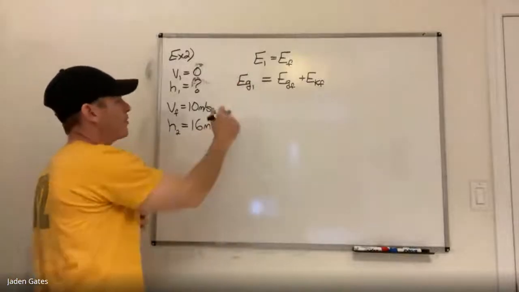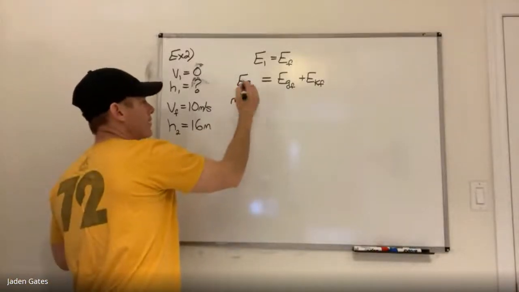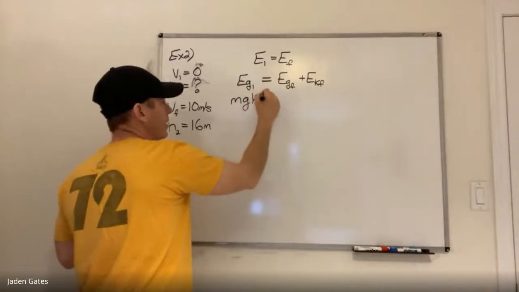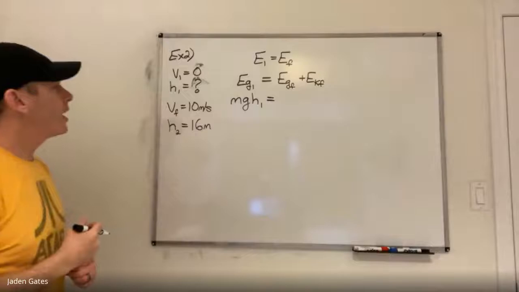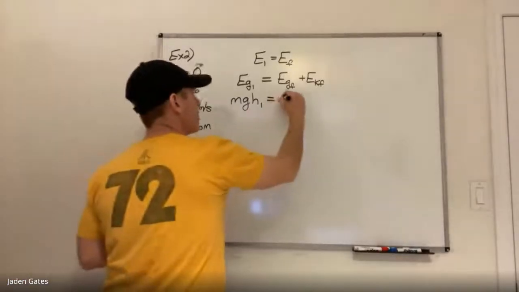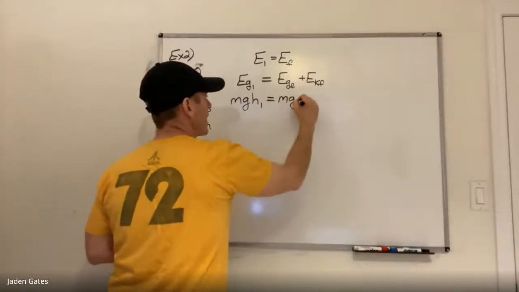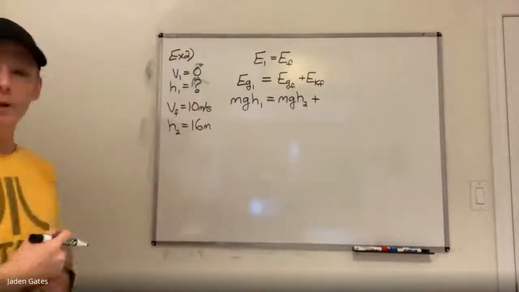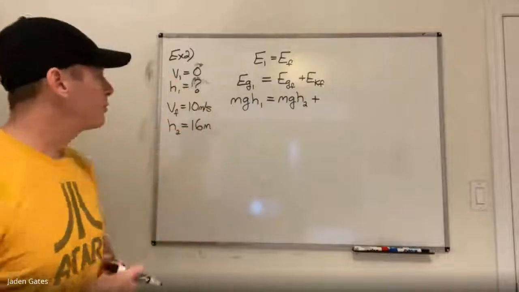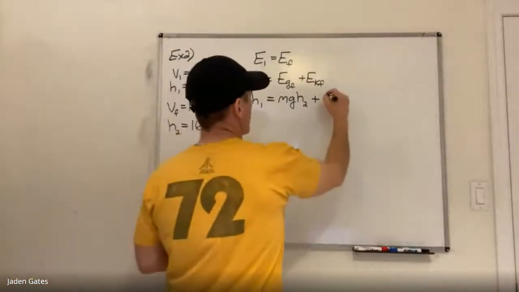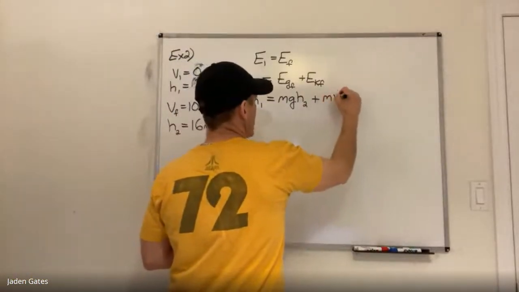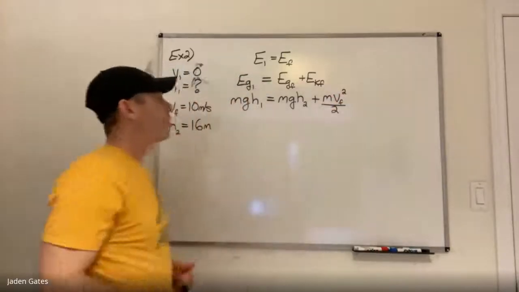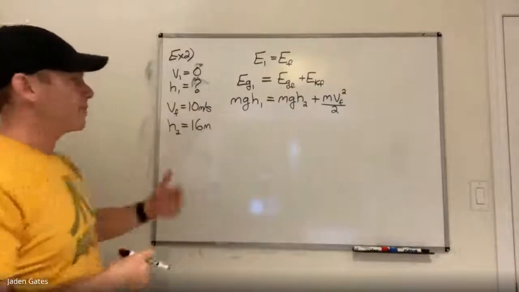Our initial gravitational potential energy will be mass, not changing, g doesn't change either, and height 1 matters. EGF, well, we have m, g, and H2, our second height, plus now we have kinetic energy because we're ripping around that loop, so I have m vF squared divided by 2, or 1/2 m vF squared.